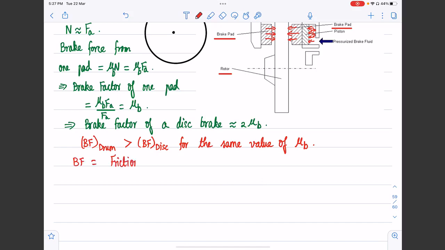Why? Because in a broad sense, the brake factor is nothing but the friction force output, or the brake force output, divided by the actuation force input.